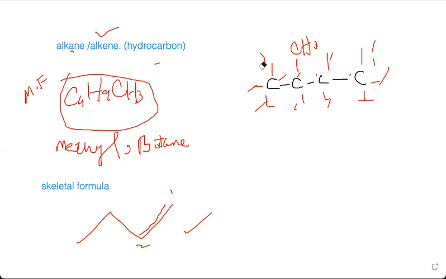But if you are still giving numbers from the right side, that is also okay, because I have seen this one also, but it's better if you follow the rule. So instead of the left side, we can start from the right side. First carbon, second carbon, third carbon, fourth carbon. So you can say, Miss, this is 2-methyl butane. This is 2-methyl butane. This is not simple butane. This is 2-methyl butane.